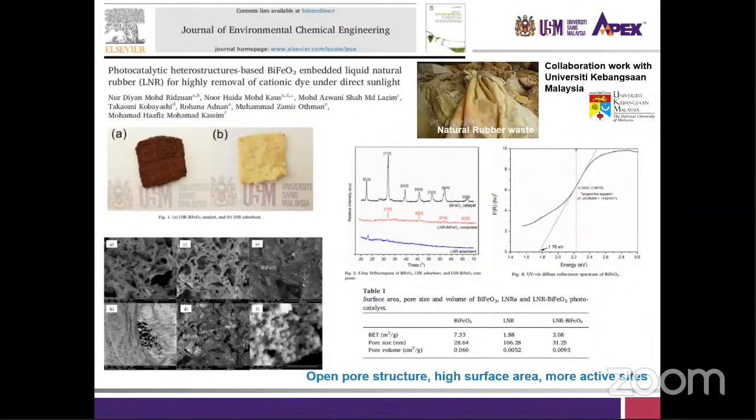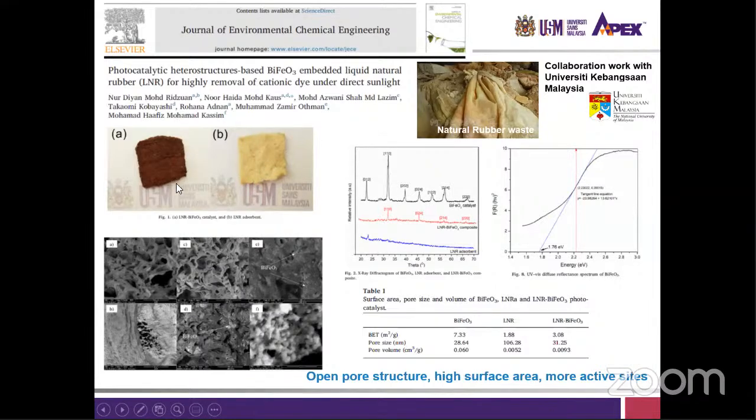And then after we have that particular material that works, we try to embed it with biomass to support the SDG, about sustainable products. So this is the natural rubber waste. This is a collaboration work with UKM, where we convert it into heterostructures of the bismuth ferrite with LNR, and it becomes these foamy adsorbents.